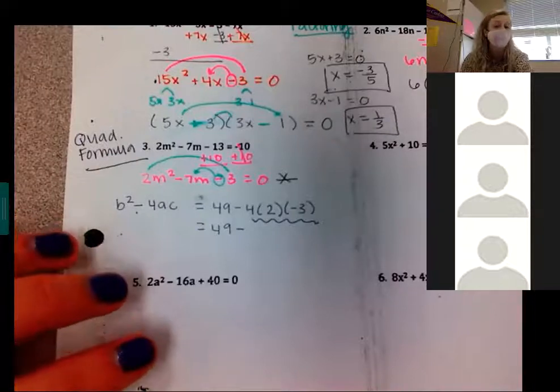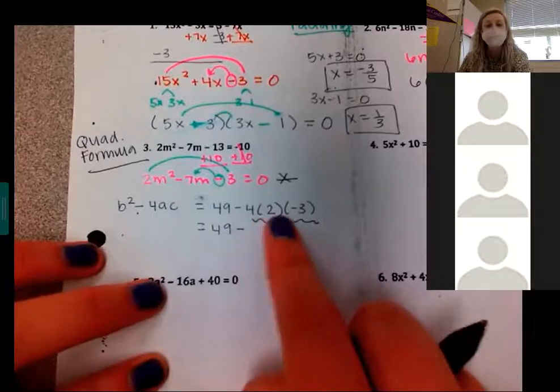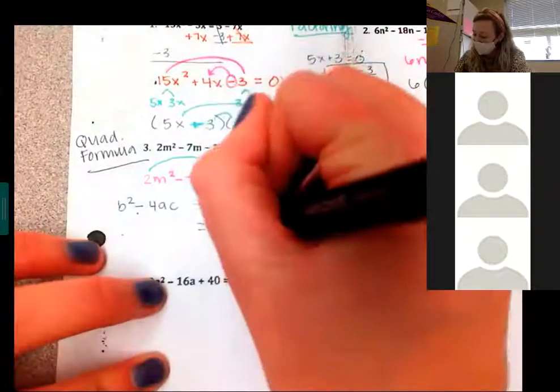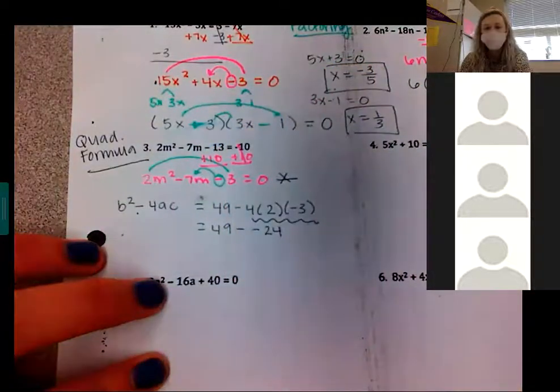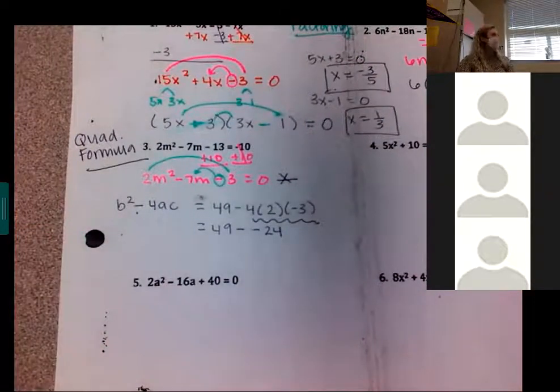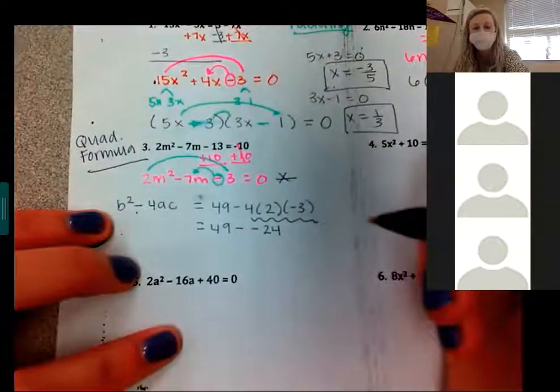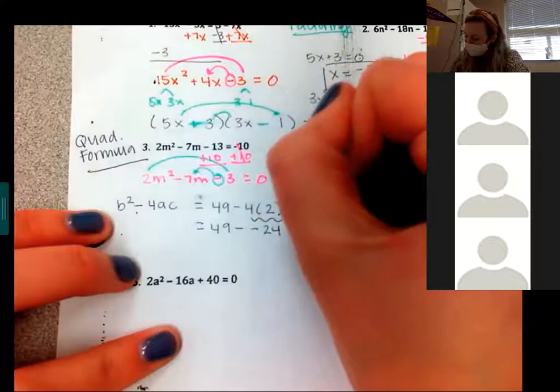So that's the way I do it. So I'm going to do 4 times 2, which is 8. 8 times -3 would be -24. And if I do 49 minus a -24, what happens when you do minus a negative? Good. Plus a positive. So 49 plus 24 is just 73.